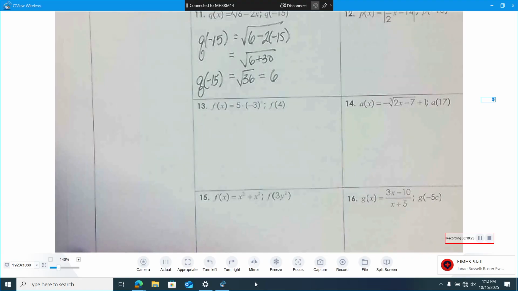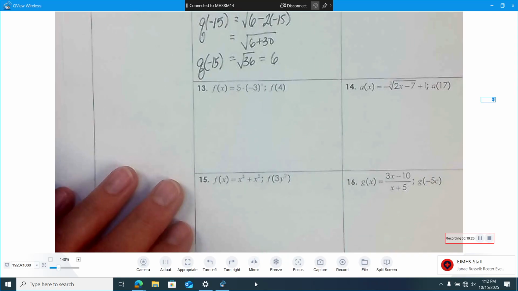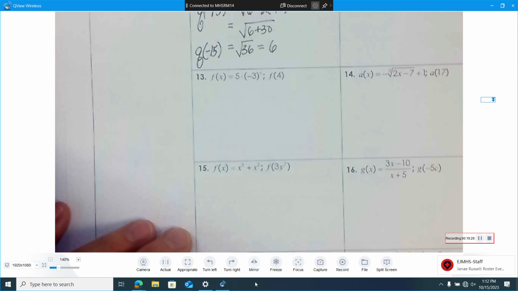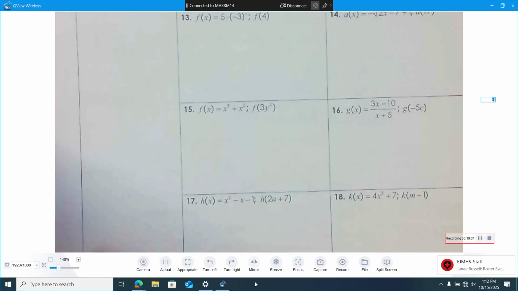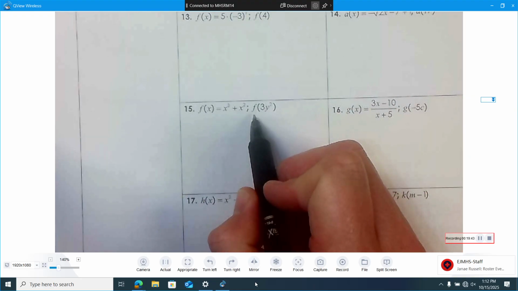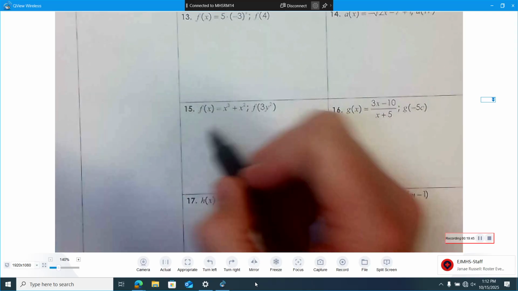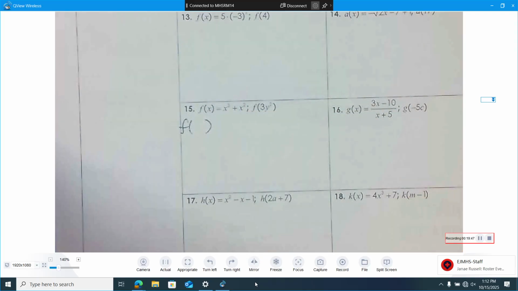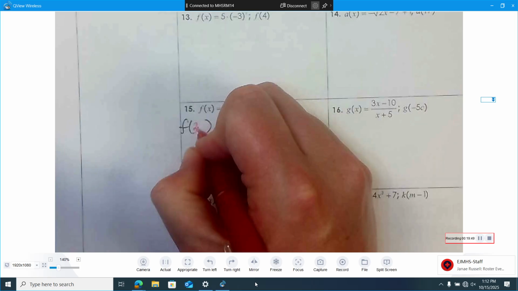We're going to skip down here. Let's do 15 and 17. They get really good. Function notation is fantastic for plugging in values, but you also have to get really good at your algebra skills. On number 15, we have f of 3y squared.